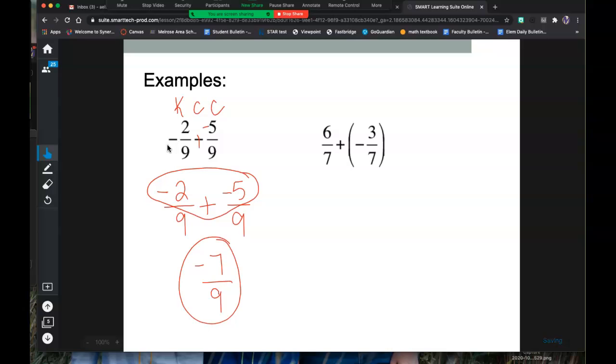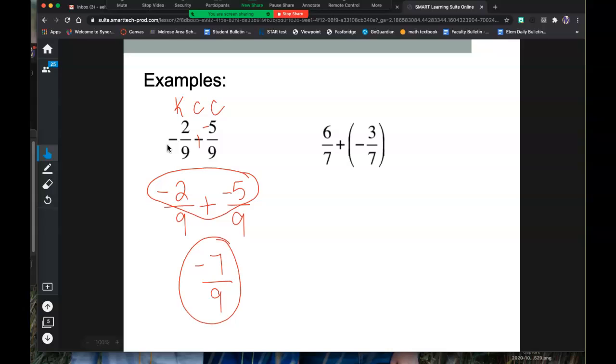On the second one, we have adding, so we leave it as adding. Are they the same or different signs? Unmute yourself and shout it out. Same or different? Different, very good. So if they're different signs, what do we do?